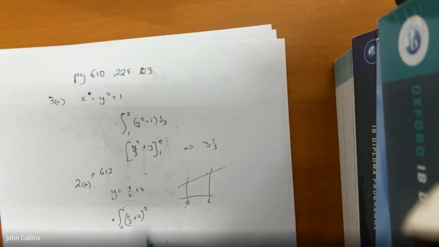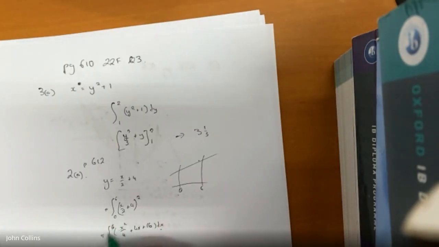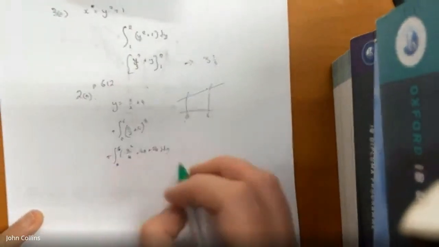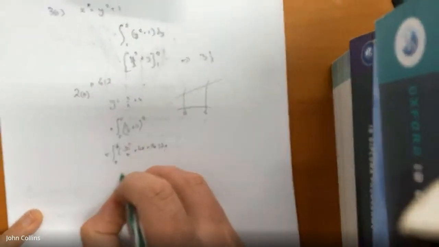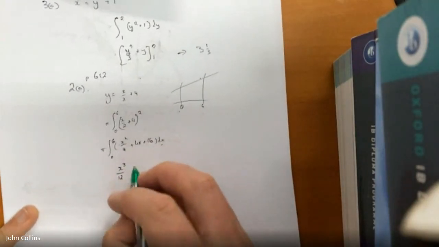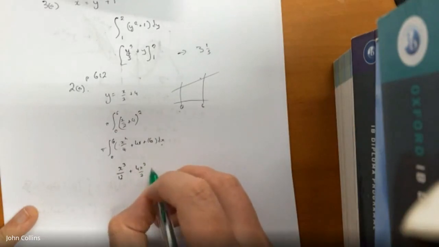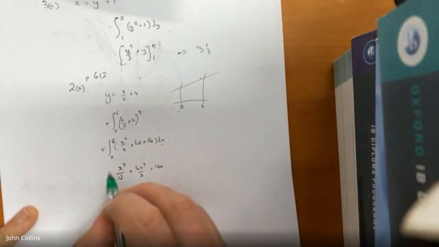So hopefully you did that. Square this out then. It's a bit messy, but we get x squared over 4 plus 4x plus 16 dx. Still all between 6 and 0 and pi. And then we can integrate all that. x cubed over 3 times 12 plus 4x squared over 2 plus 16x.